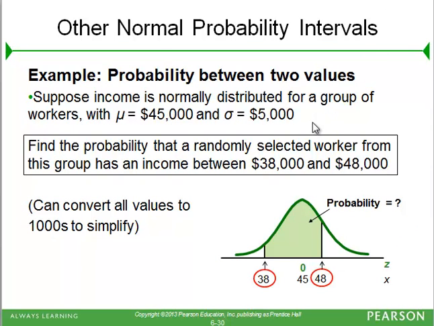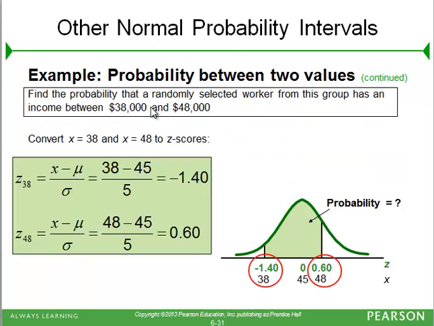How do we deal with the other situations? For example, you know the two specific values and you try to find out the probability of that. First we need to find out the z-score for each one respectively, right? The z-score for 48, z-score for 38 first. Say using the z-score formula, we find out the z-value for 38 is minus 1.4, z-value for 48 is 0.6.